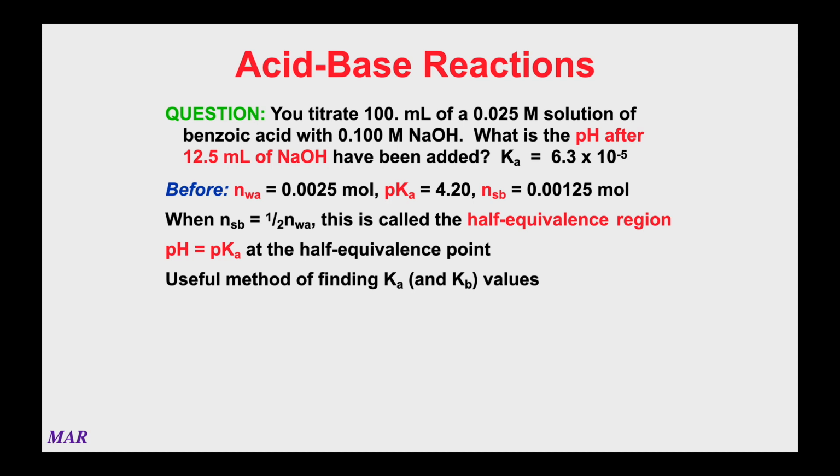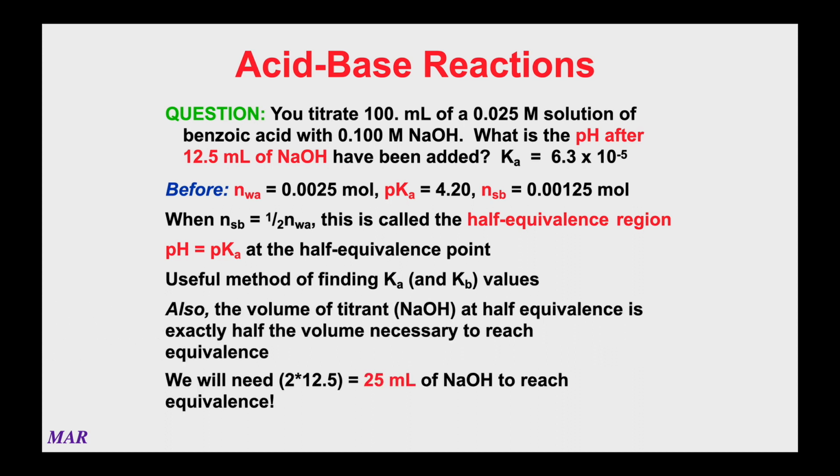And at this point, pH and pKa are the same. That's a really cool thing. Anytime you can find Ka values, it's pretty awesome. The volume of titrant needed to reach half equivalence is literally half that needed to reach the volume of equivalence. So in this problem, it took 12.5 milliliters to reach half equivalence. That times 2, or 25 milliliters, is going to be the equivalence point volume.